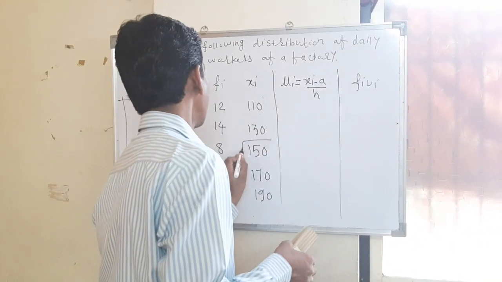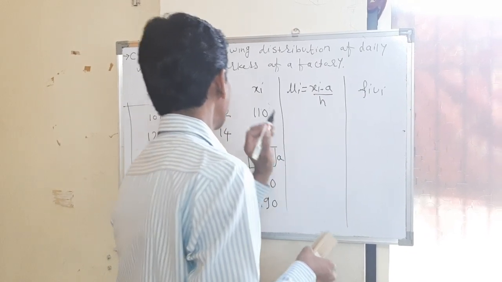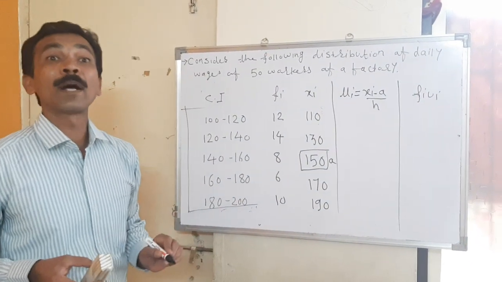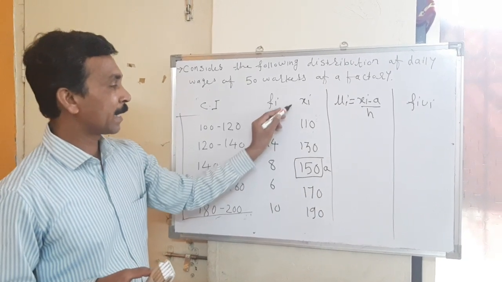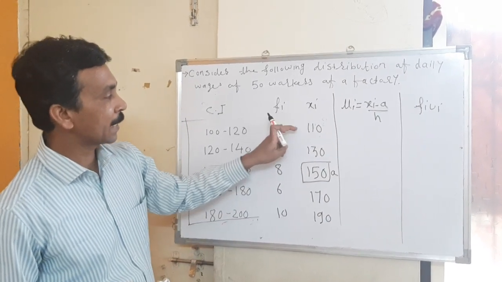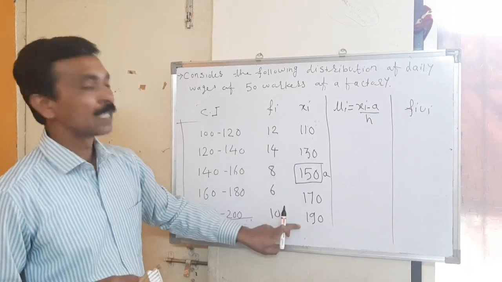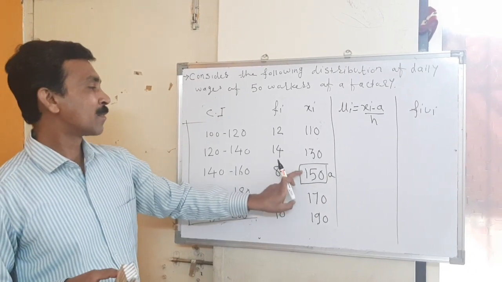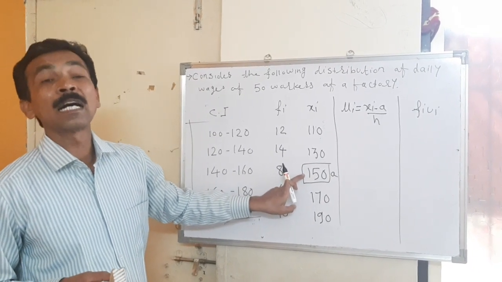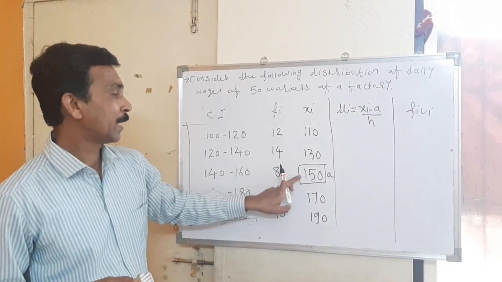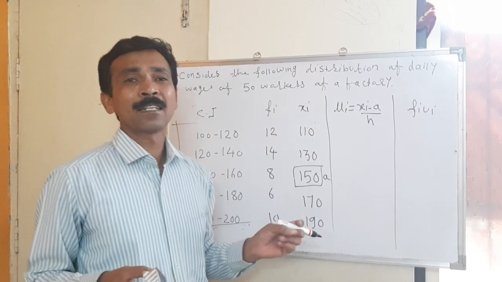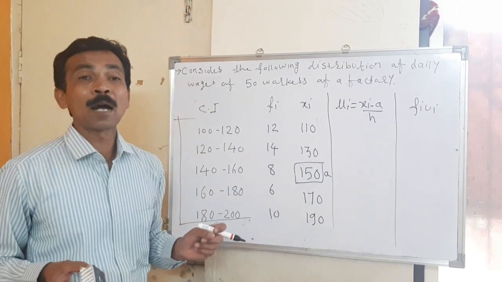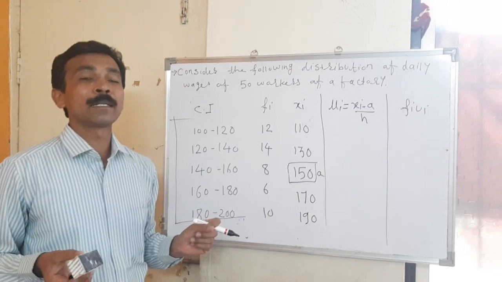So here I will take assumed mean as 150. Again I repeat, assumed mean we have to take from Xi. In Xi there are 5 numbers, so 150 is the middlemost number, that is the assumed mean. And height, we have seen yesterday. Formula for height is upper limit minus lower limit.